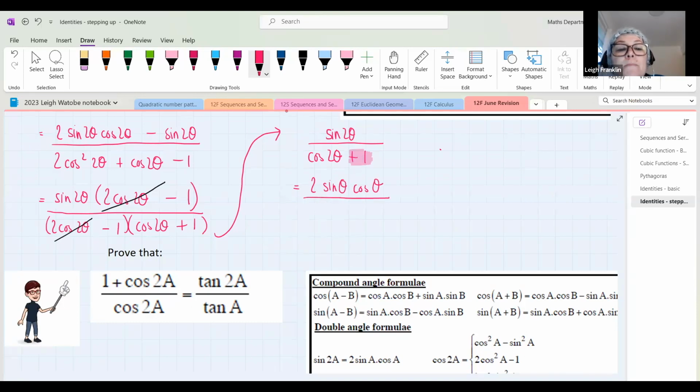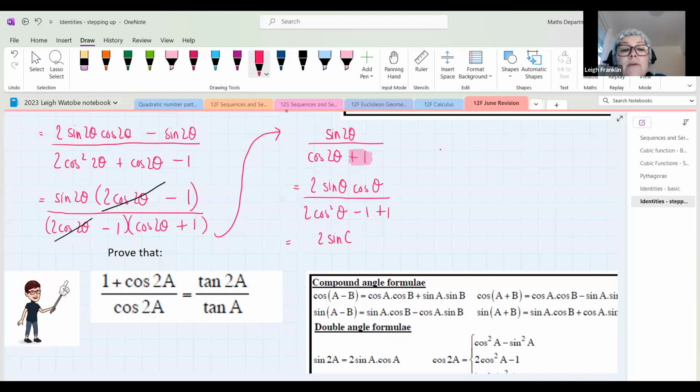At the bottom, 2 cos squared theta minus 1, and then I'm going to bring down that plus 1. Okay. Let's get rid of the 1s.